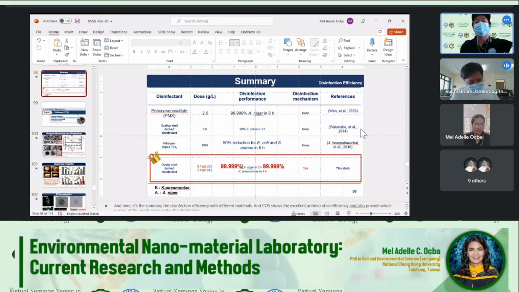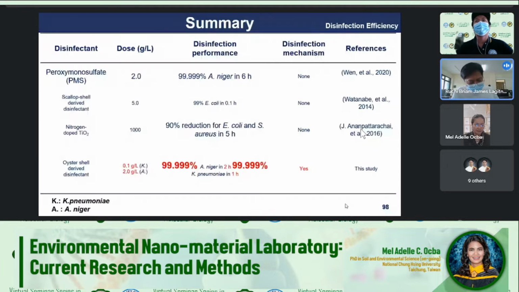the images of the scanning electron microscope and the TEM. Maybe you can explain to the students what the difference is.